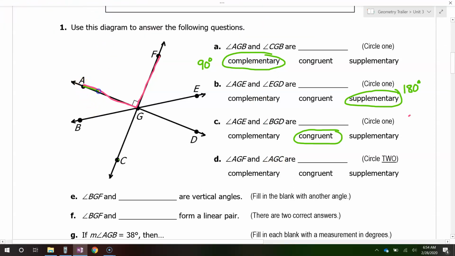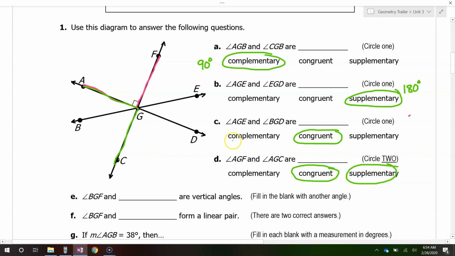Angle AGC is right here. These are going to be, all right, it gives us a nice hint here, circle two. These are both congruent and also supplementary.